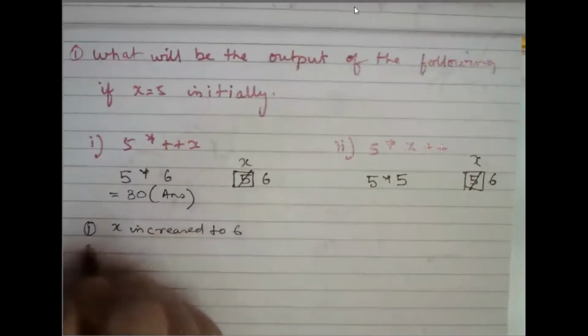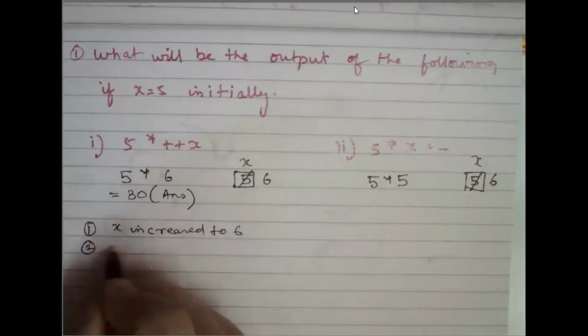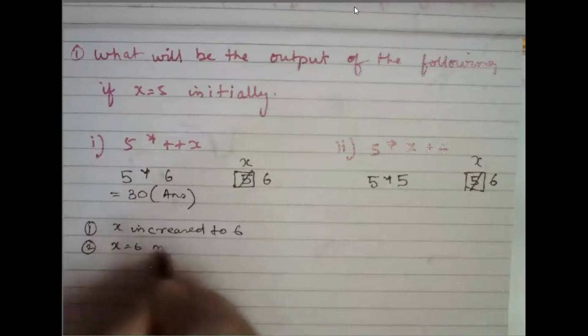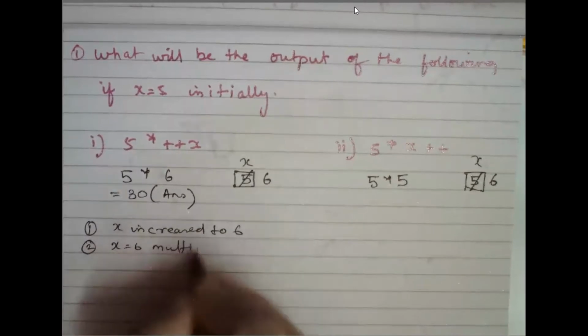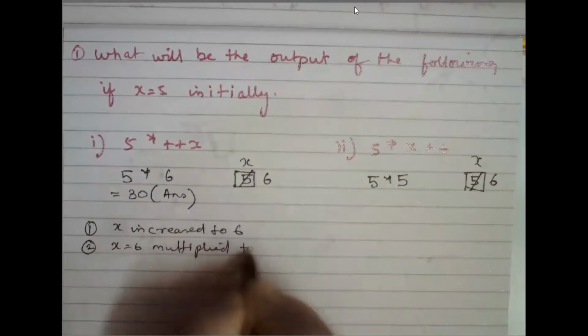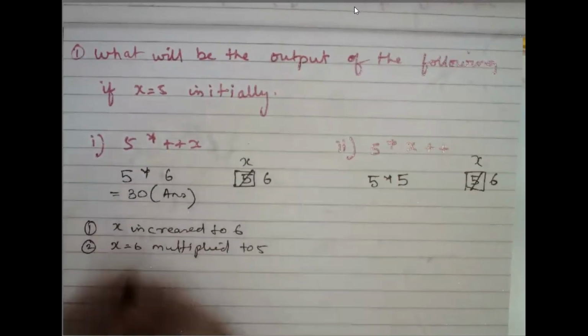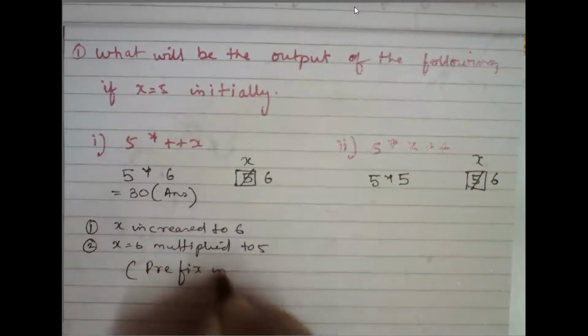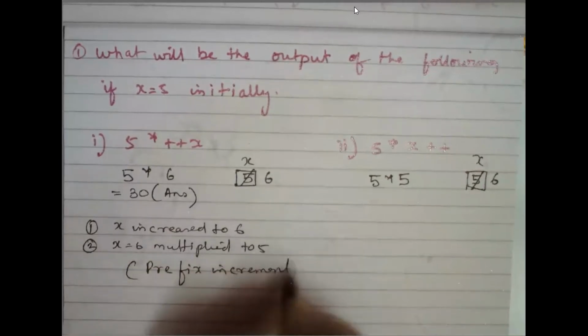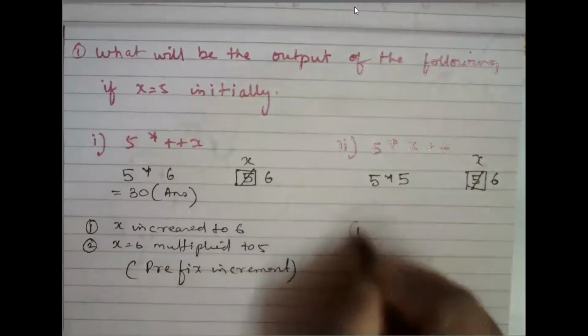And then in the second step, when the x variable came, x, that was 6, was multiplied by 5, because this is my case of the prefix increment operator.